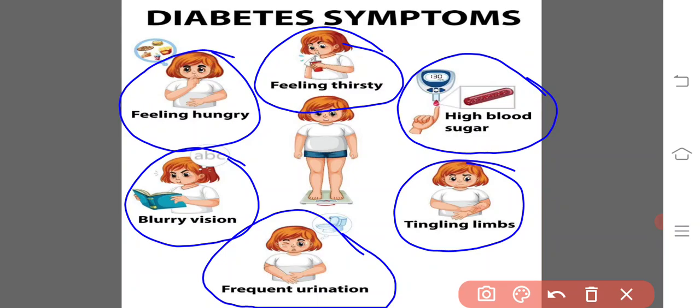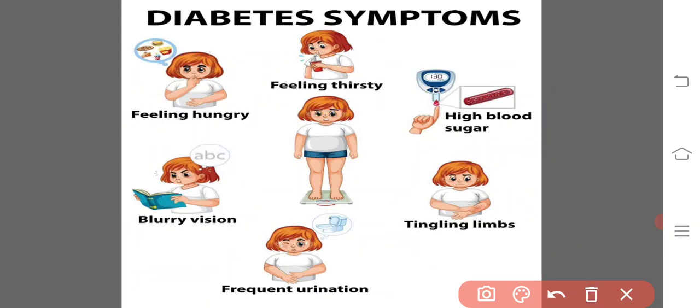So the main symptoms are hyperglycemia, glucosuria, excretion of glucose in urine, polydipsia, excessive thirst, and polyuria, increase in the frequency of urination. These are all the basic symptoms of diabetes mellitus.